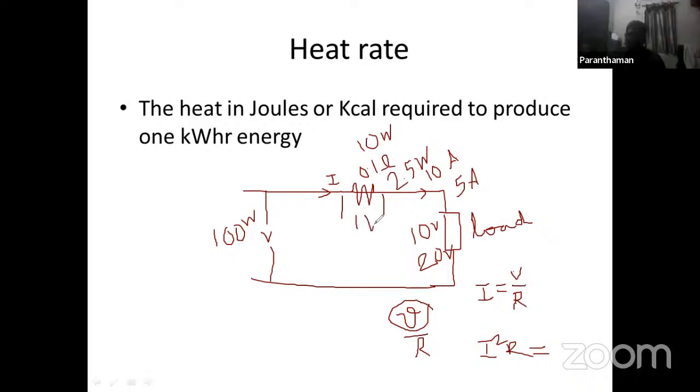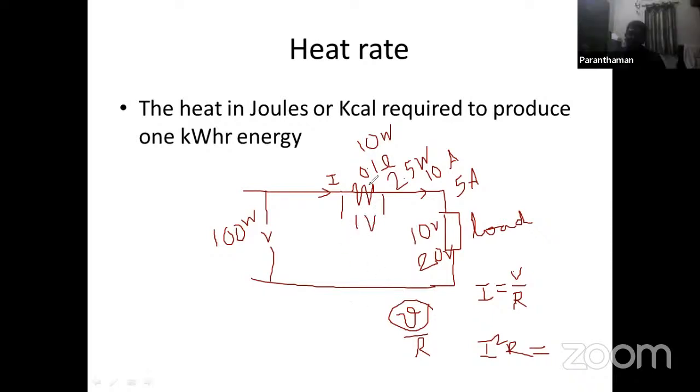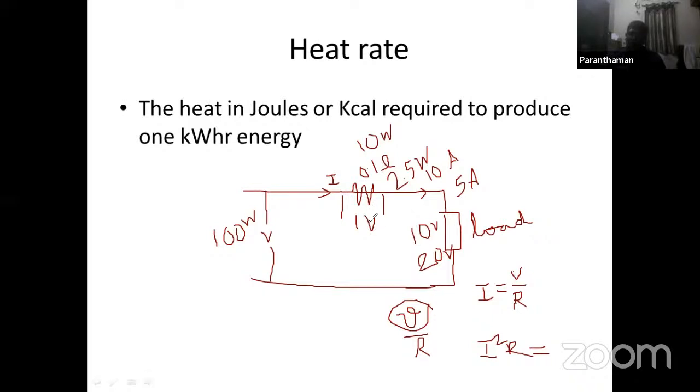Now, what is the voltage? 1 volt. 1 square by 0.1 is 10. V square divided by R, 0.1.